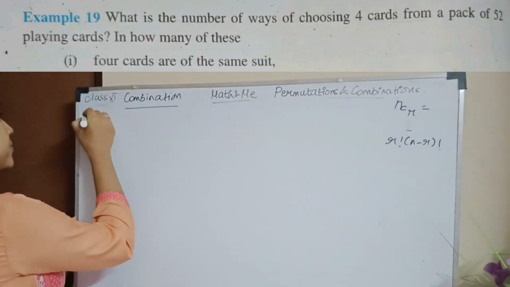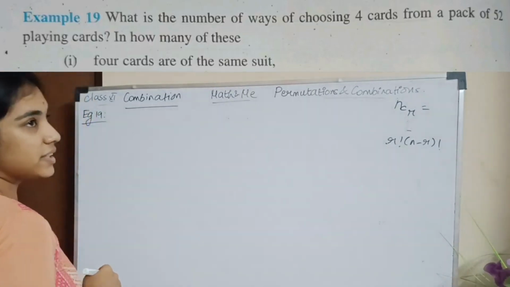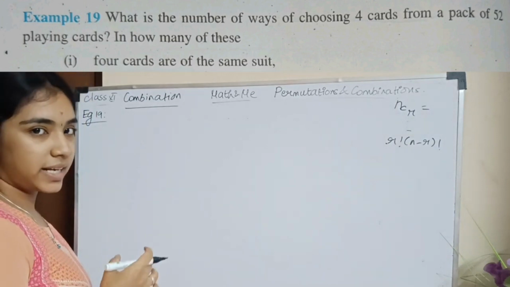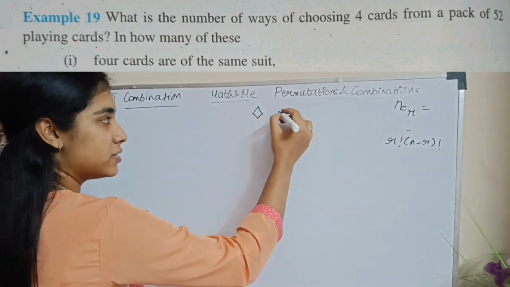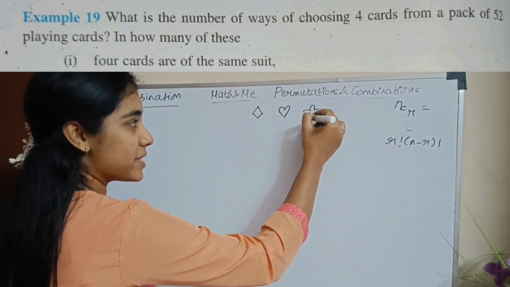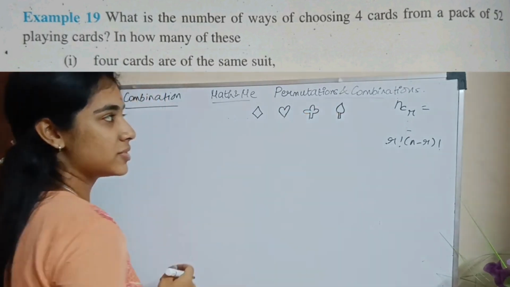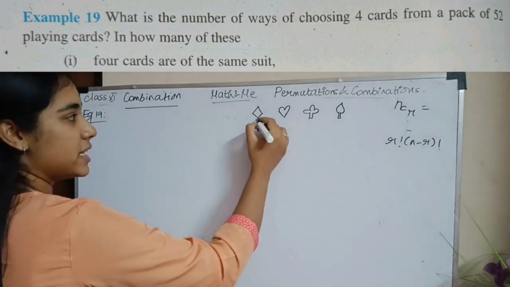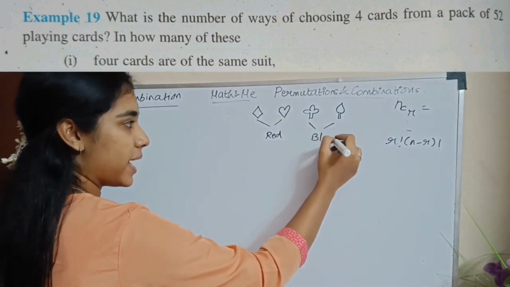Example 19. Everyone would have played with cards. For those who don't know about cards, there are 52 cards in a deck. You have 4 different designs: diamond, heart, I'm trying to draw my best, okay, clubs, spade. There are 4 different ones. These two are red, these 2 are black.